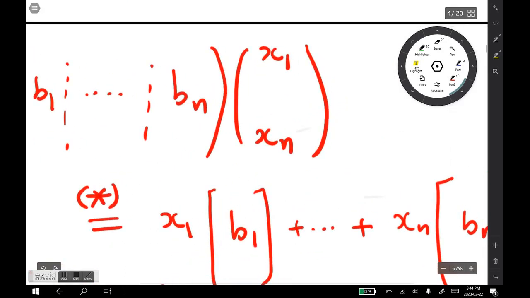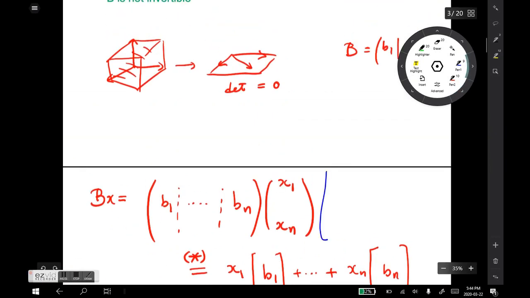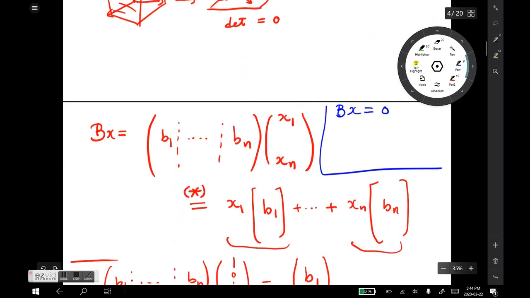So if Bx is equal to 0 for a non-zero vector x, then this linear combination is equal to the 0 vector.